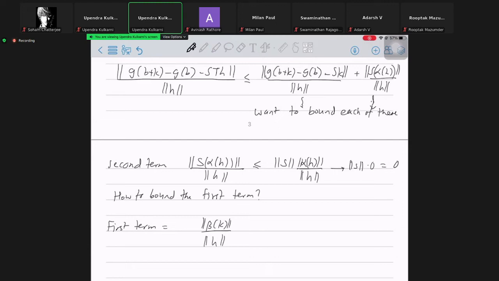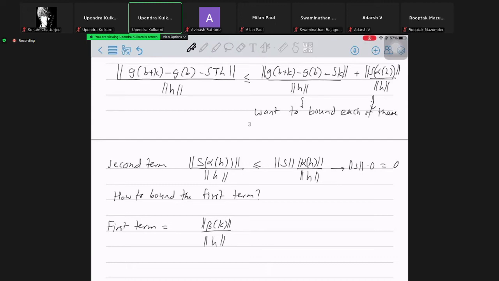So heuristically, what am I going to do over here? Divide and multiply by norm k. Now, really speaking, sometimes h may be a non-zero vector, but k may be 0. It may happen that f of a plus h and f of a are both the same. But this is really not a serious problem.